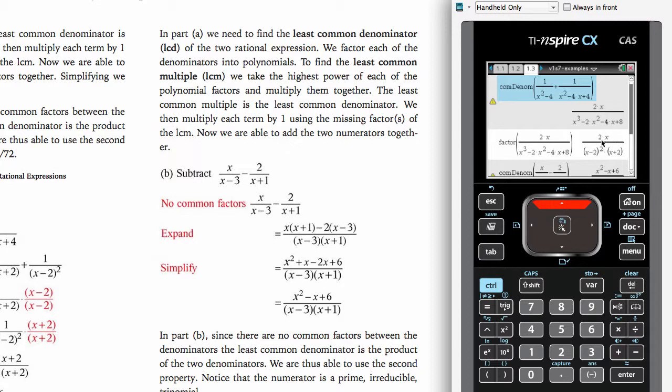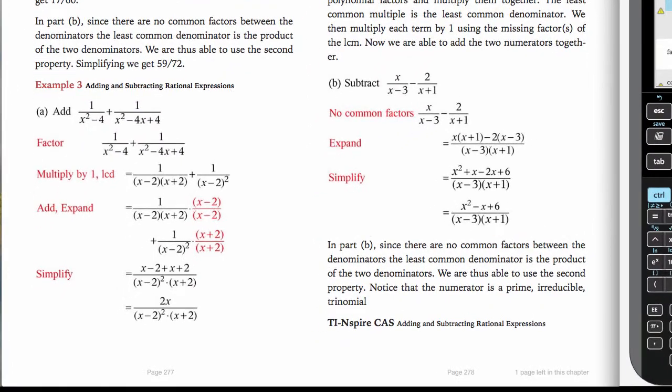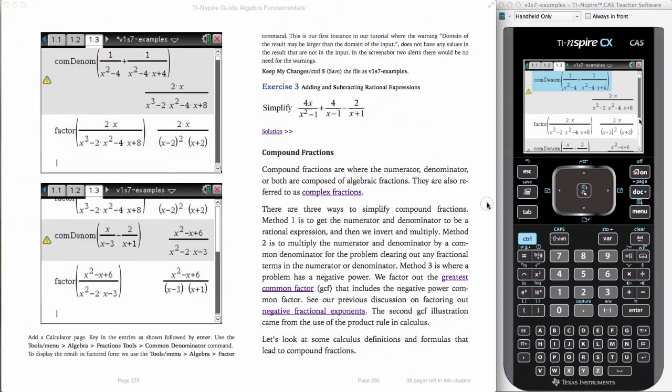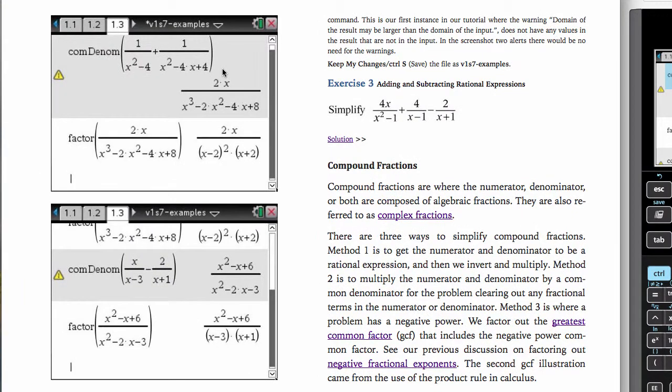Then we had to use the factor command to get our answer to look like it did over here. Let's turn the page. And then we can look at our calculator screens shown over here, showing the same thing that we talked about, using common denominator and using factor for both parts to get our answer to look identical.